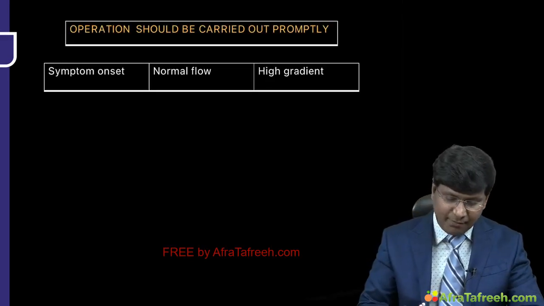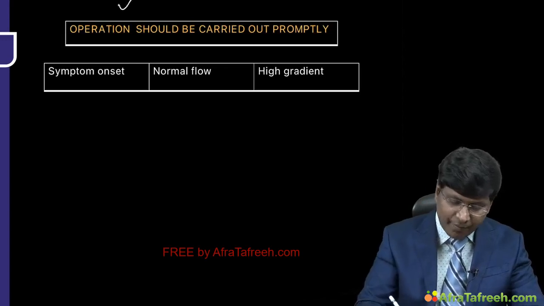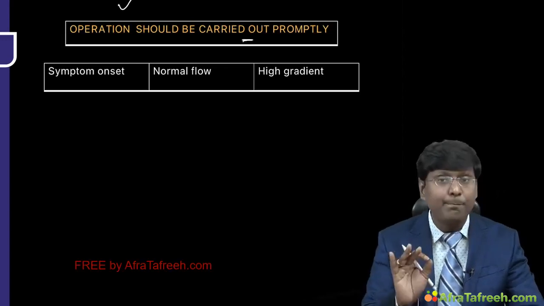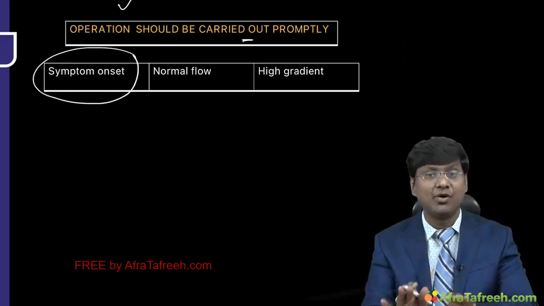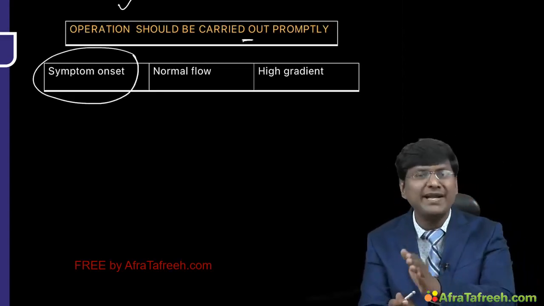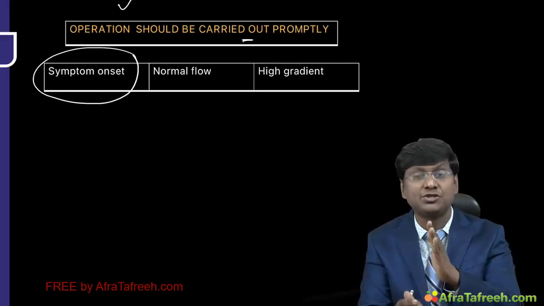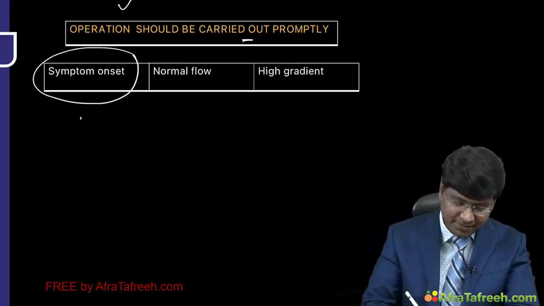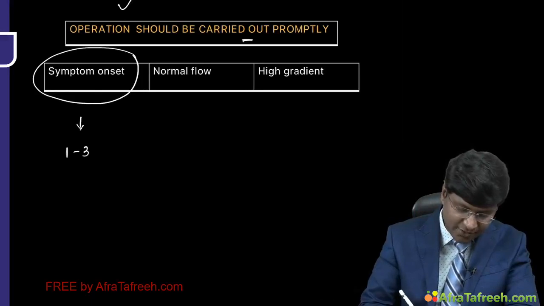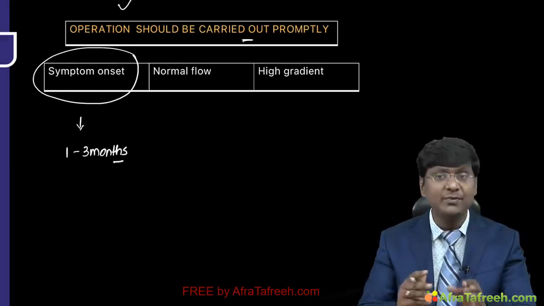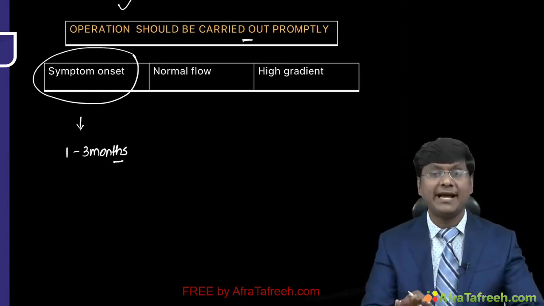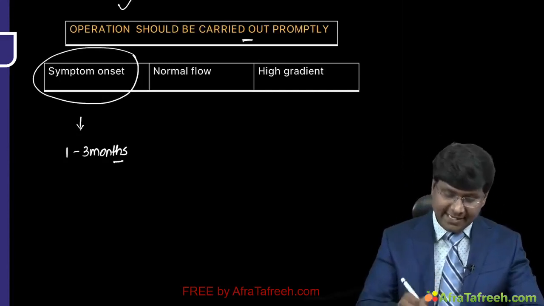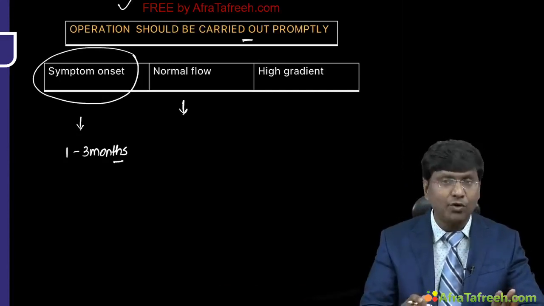Next, the very important thing that you need to know is that the operation should be carried out promptly if the patient has symptom onset. Within how many days of symptom onset should the operation be done? It should be done within 1 to 3 months after the symptom onset; the operation should be carried out promptly. And what should be the flow?